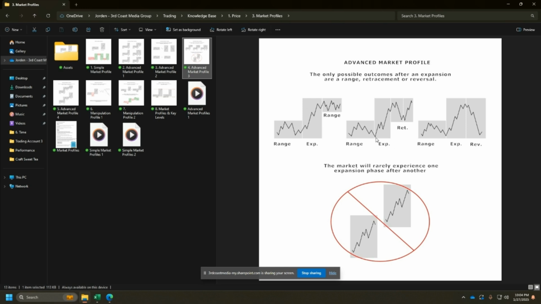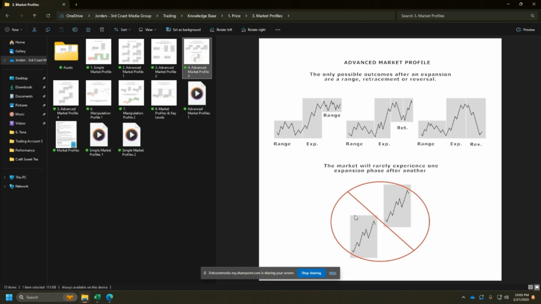If we had a downward expansion, we would go up before we go down again. And then finally, after an expansion, the last possible outcome is a reversal. So if we have a range, then an expansion, we could have a reversal where price goes towards the opposing end of the previous expansion.